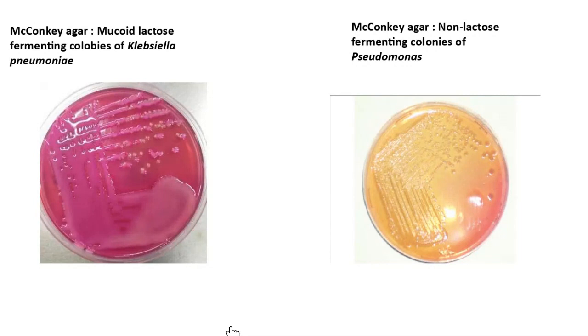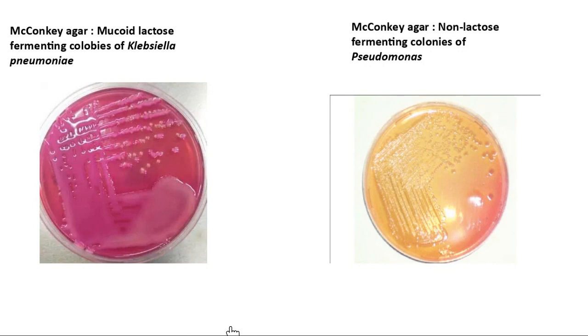Okay, so if we have the bronchial washing from the lungs, we perform the culture. For the culture purpose, we use three types of media. We use the blood agar, the MacConkey agar, and the beef extract charcoal agar. On the blood agar, if the colonies are beta hemolytic, it means the organism may be Staphylococci or Streptococcus pyogenes.